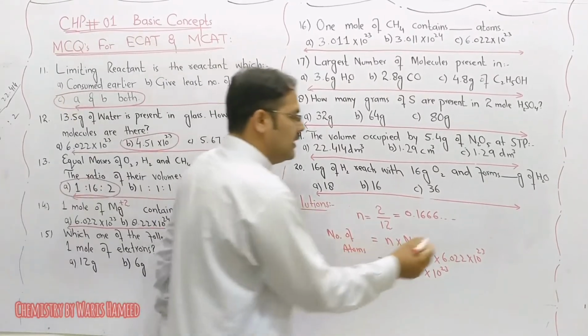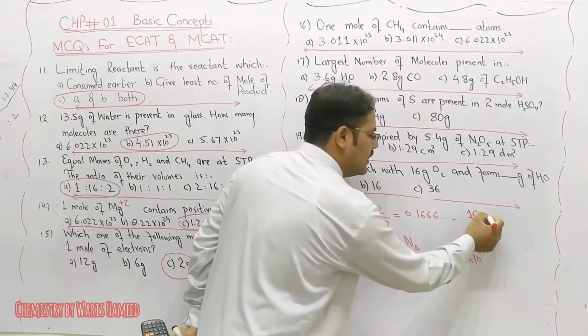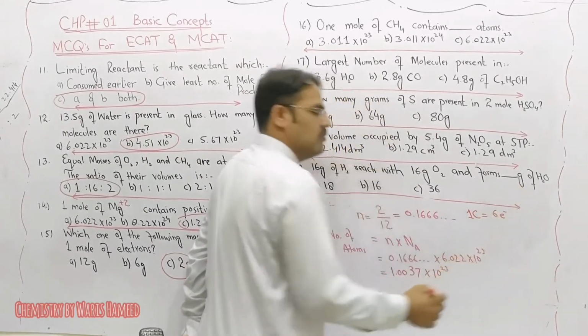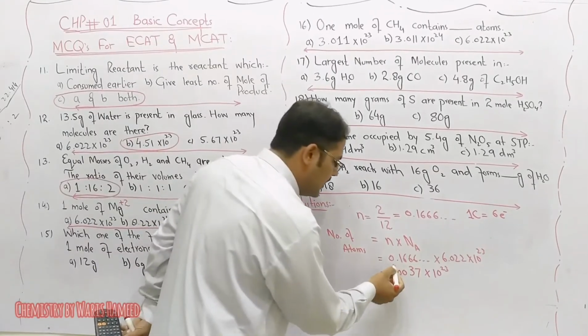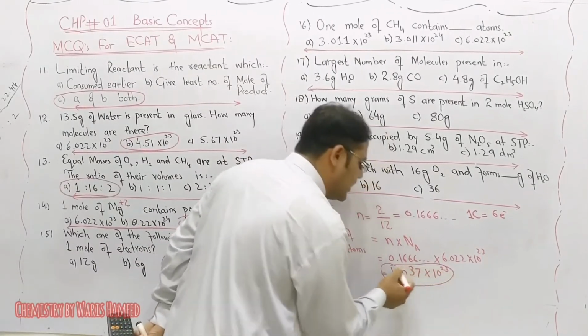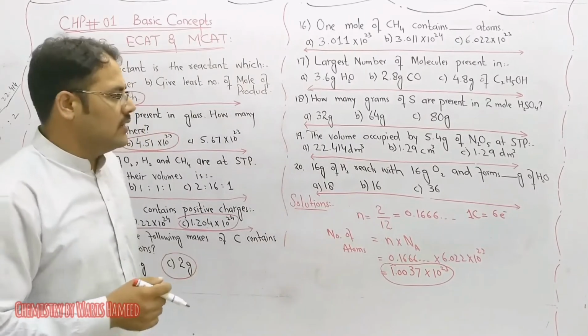Now we know that one carbon atom contains 6 electrons. One carbon atom has 6 electrons, so we will multiply 6 with the number of atoms.